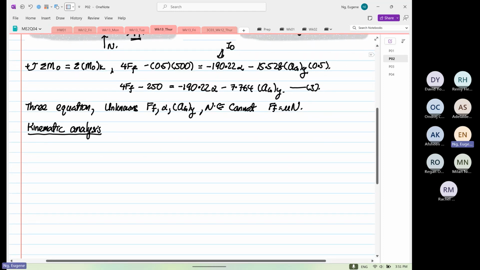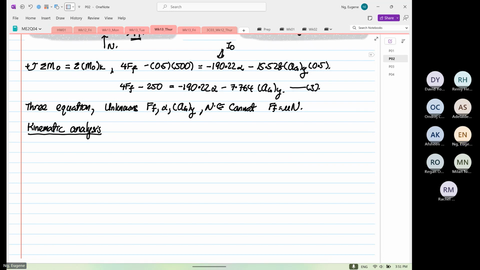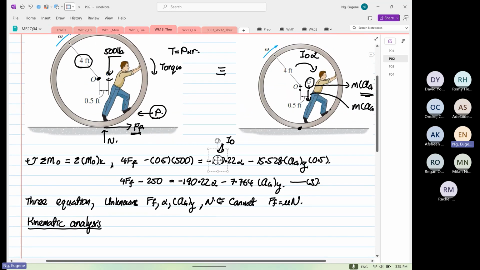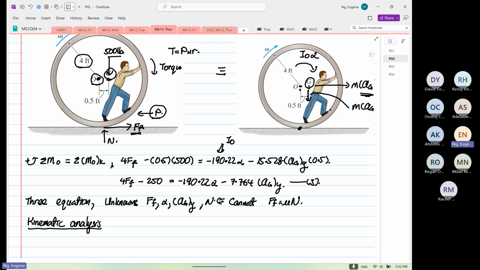So from here, we need a kinematics analysis. Now we decide to pick point G and point O. Why do I pick point G and point O for kinematic analysis?